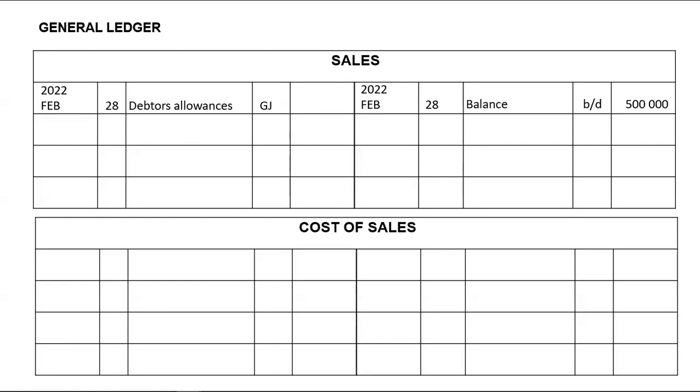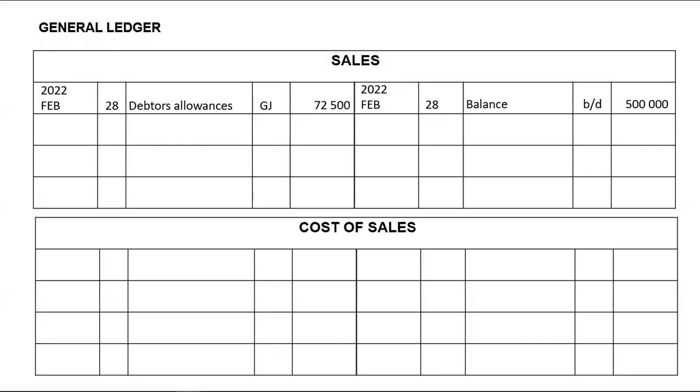It'll give us 72,500 if I'm not mistaken. And when you take 500,000 minus that 72,500, it'll simply give us a balancing figure which will be taken to the trading account, and that'll be 427,500.